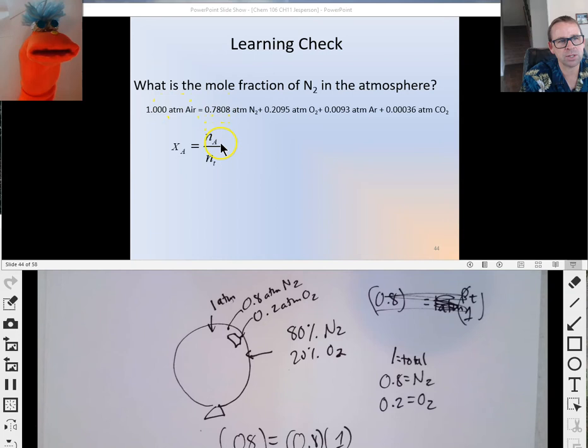So 0.7808 will be not just my partial pressure, but my mole fraction, because my total pressure is 1 there. Okay? So the mole fraction is going to be equal to the moles of my material divided by total moles.